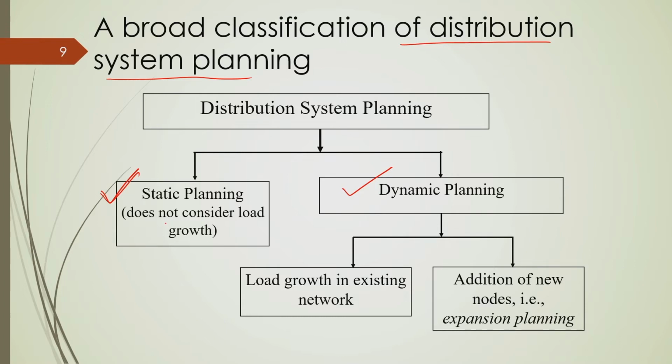In static planning, load growth is not considered. It is a one step planning process, and based upon a certain amount of load demand for a certain number of nodes, it plans the design of a network which could supply all these nodal load demands. So, there is no load growth considered.